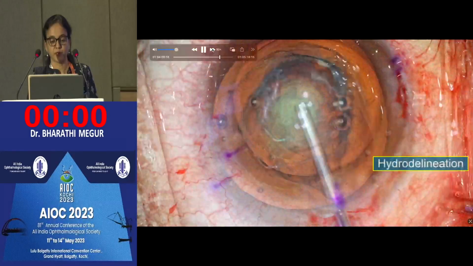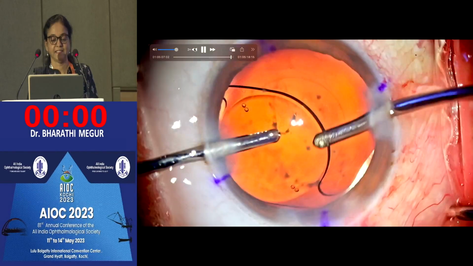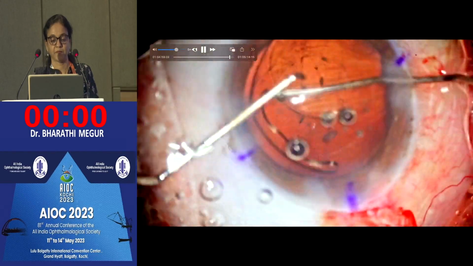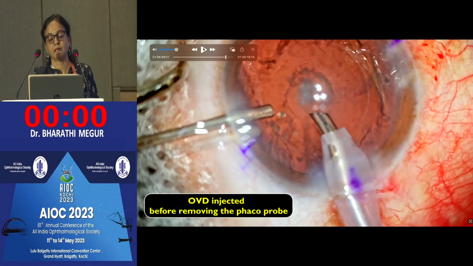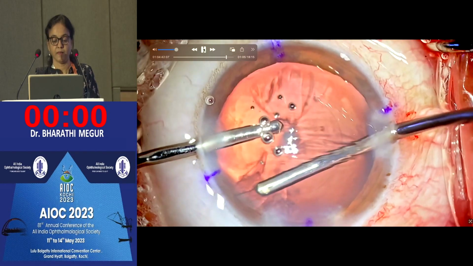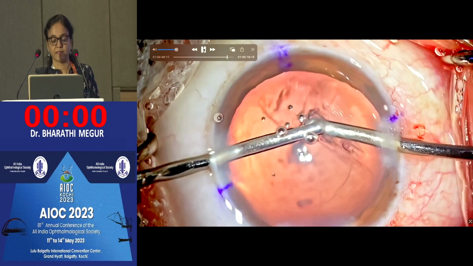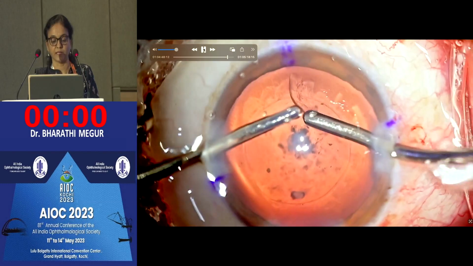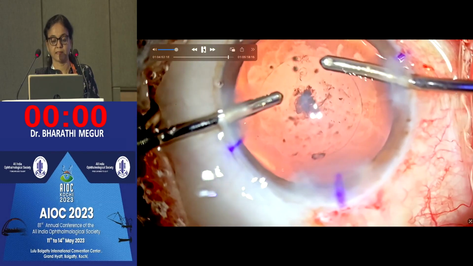So in a post-polar cataract, okay, yeah, finally. A 4.5 millimeter incision is done here, and after the nucleus removal with the chip and flip technique, the cortex is removed. There is a central plaque here.